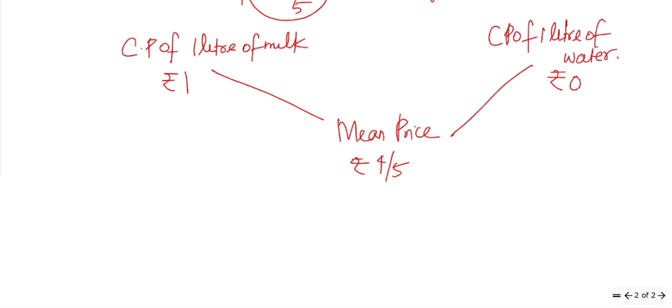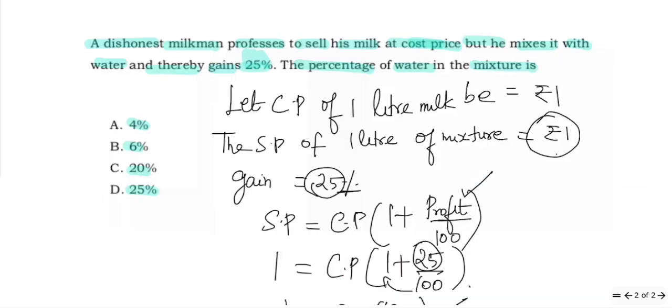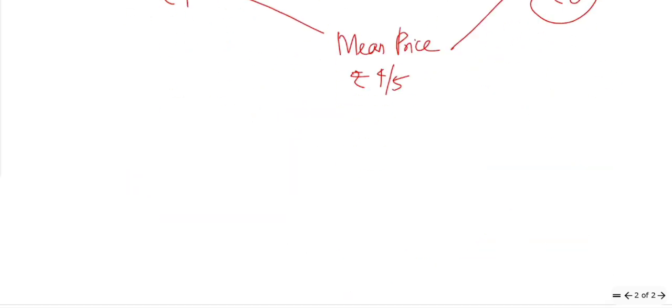So the cost price of our mixture is nothing but, what's the formula? D minus M. So we have to do 4 over 5 minus 0, which is nothing but the same value, since 0 means nothing.